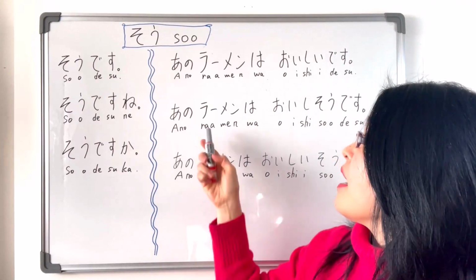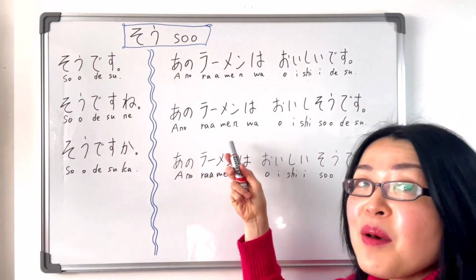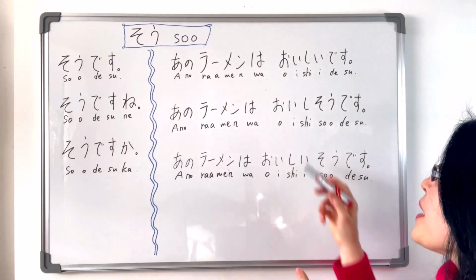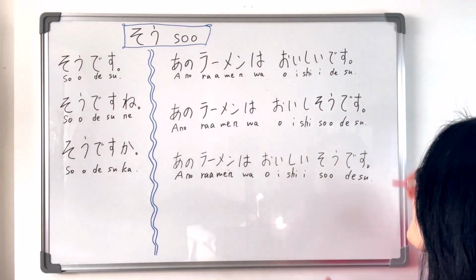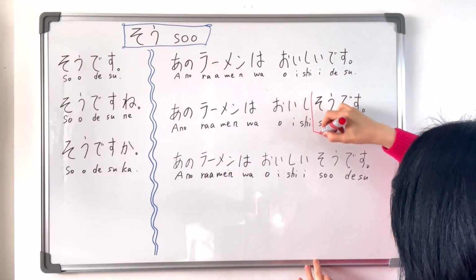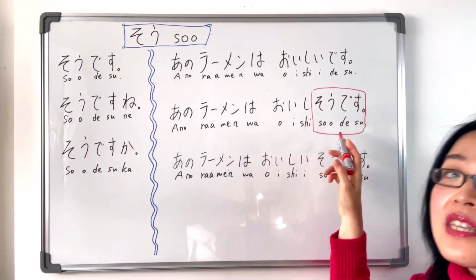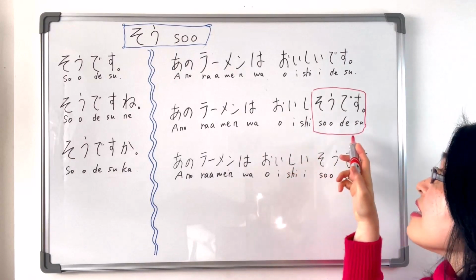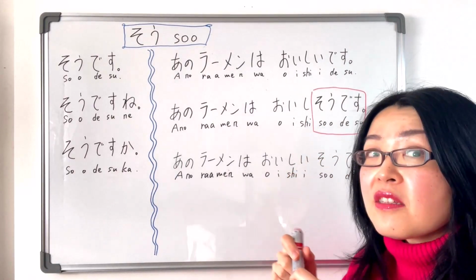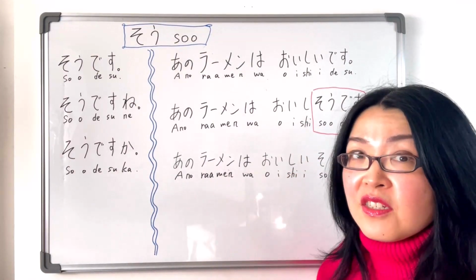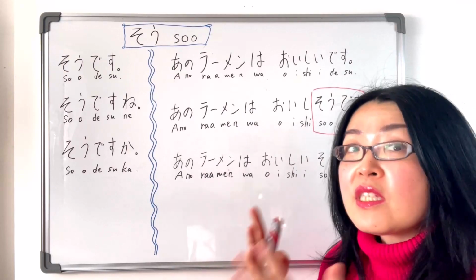Next one: あのラーメンは美味しそうです. 美味しい, the い is deleted, and then add そうです. It means that ramen looks delicious. That ramen seems delicious.